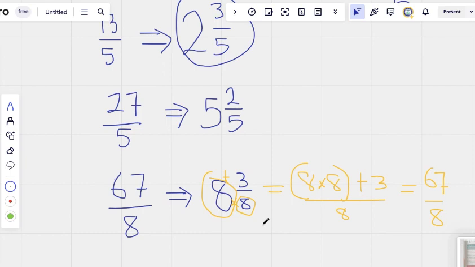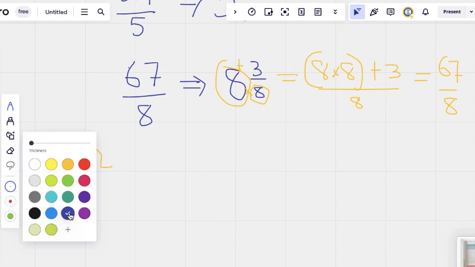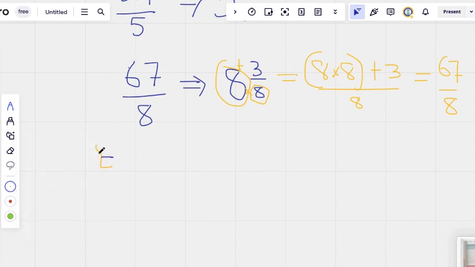Now, since we know how to convert fractions, let's take a look at equivalent fractions before we move into operations of fractions. Equivalent fractions are fractions that, when reduced to the simplest form, are the same as the smallest unit.